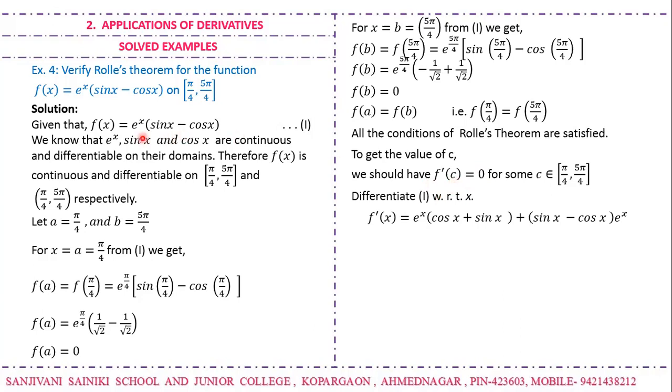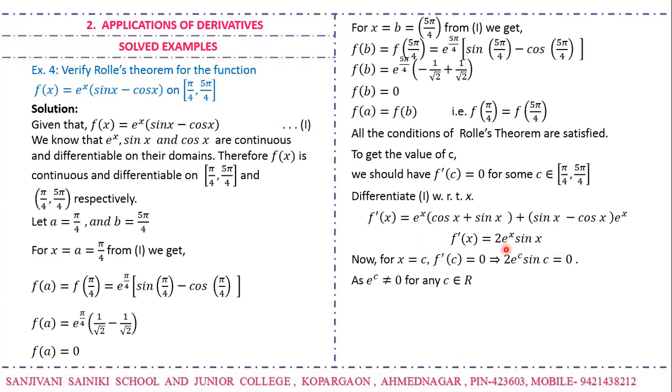Now what is the derivative of this function? We have to find the derivative. There we have to use the product rule: first function as it is, derivative of the second function, plus second function as it is, derivative of the first function. So after finding the derivative, we get 2 e raised to x sine x. Now it is clear that f dash at c is 0.